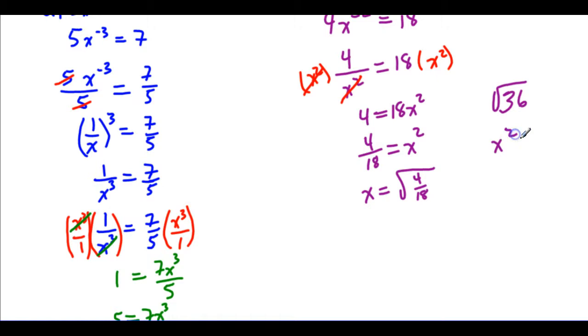But if I gave you this question and said, what are the possible values of x that would give me x squared equal to 36? When we take the square root, we have to consider both the positive and negative square roots. Because -6 times -6 is 36.